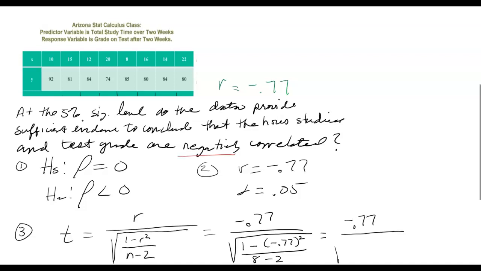But you still have 1 minus. So negative 0.77 squared is 0.5929, but it's still 1 minus that because there's another negative there. Of course, over 6.